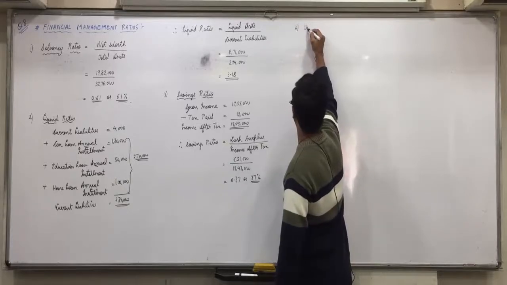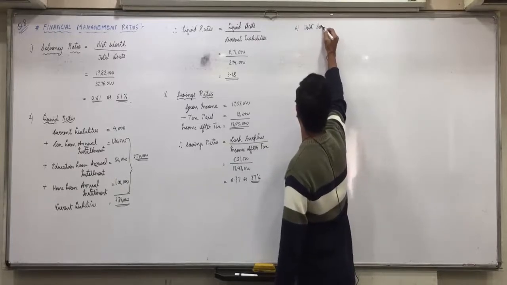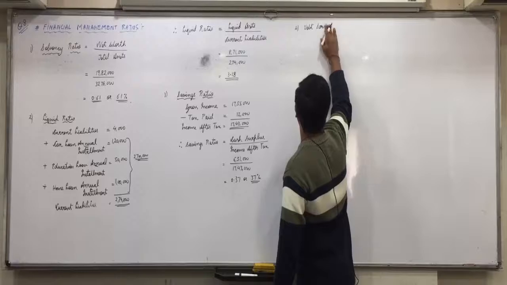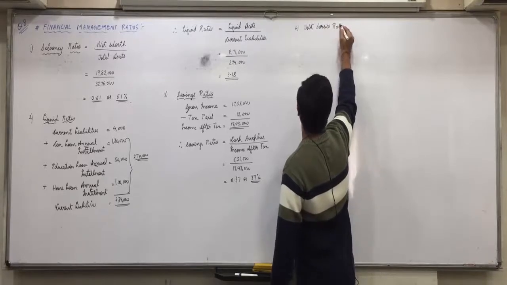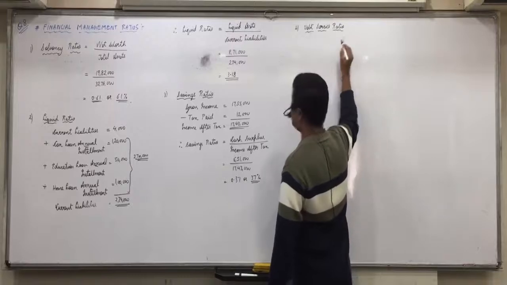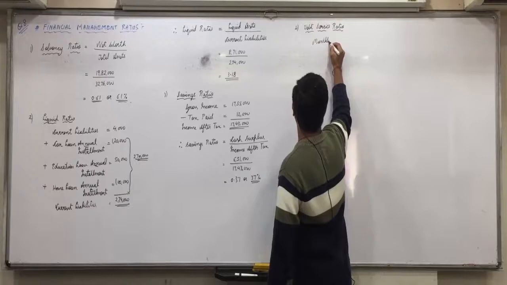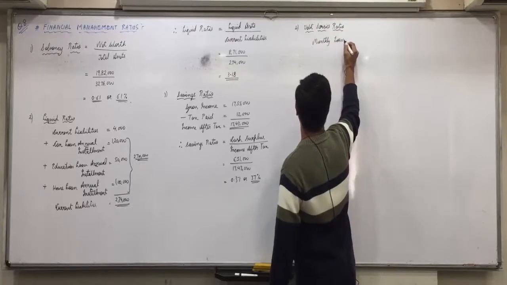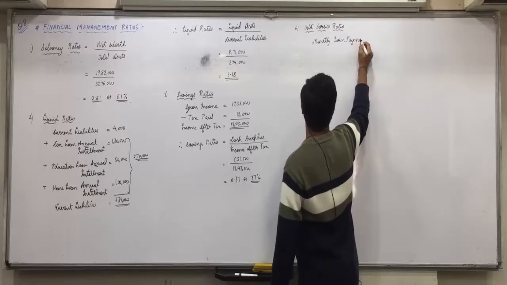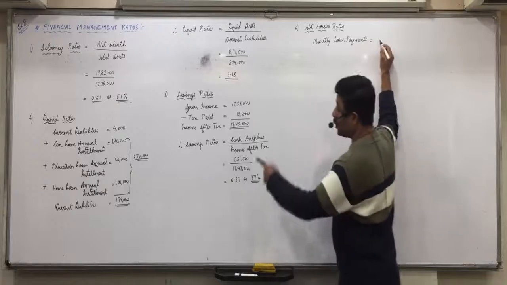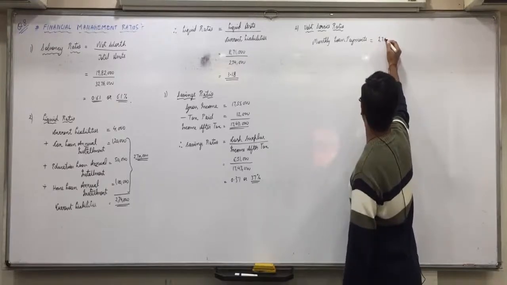Debt service ratio. First of all, monthly loan payments is equal to 2,70,000. All of you are clear with this?